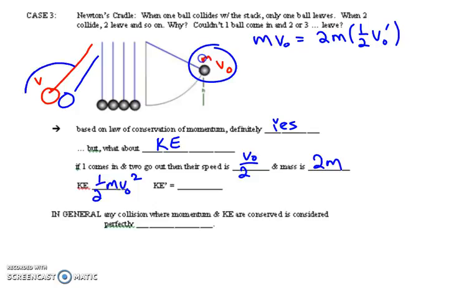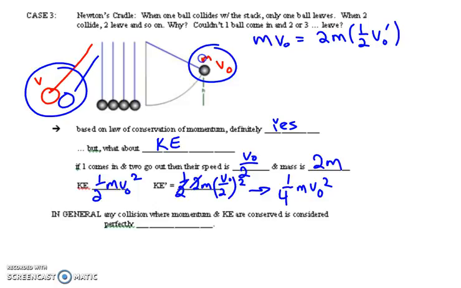And then let's say 2 come out. Our kinetic energy would be 1/2 times 2m times v0 over 2, quantity squared. If I simplify that, the 2 cancels out, and I've got 1/4 m v0 squared, because of the 1/2 squared in here. And so I see I've got half the kinetic energy that I had before.